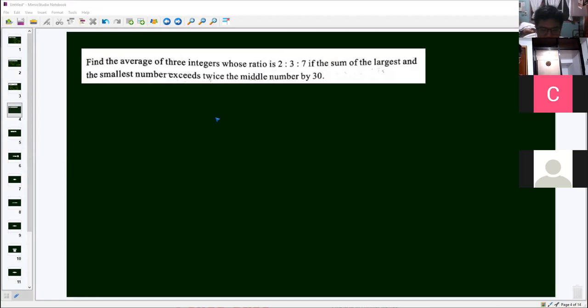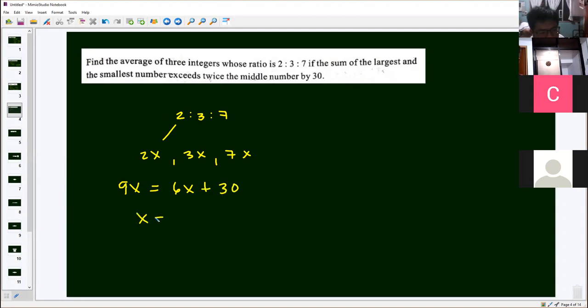Okay, let's see. Now, if you have a ratio, guys, you can represent na agad yung tatlo as 2x, 3x, and 7x. Yan agad. The sum of the largest and the smallest, so that's 9x, exceeds twice the middle, so it's equal to twice the middle plus 30. See that?